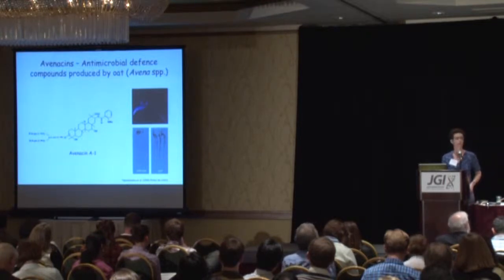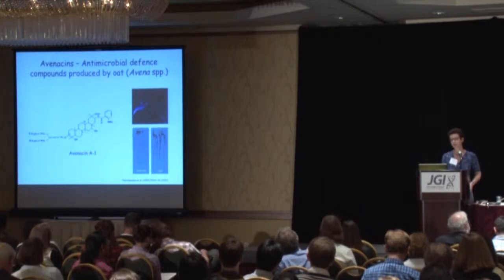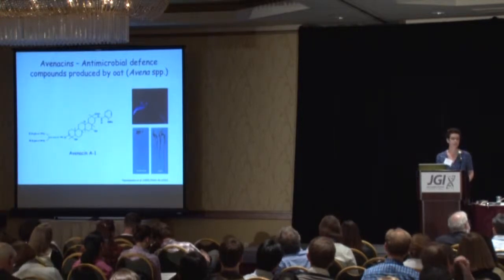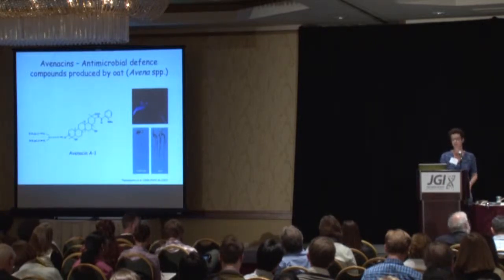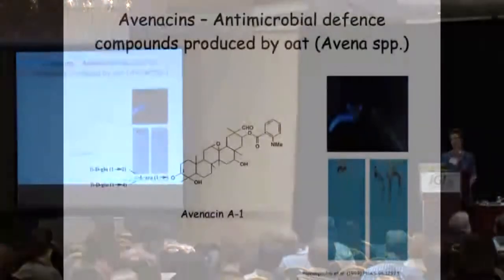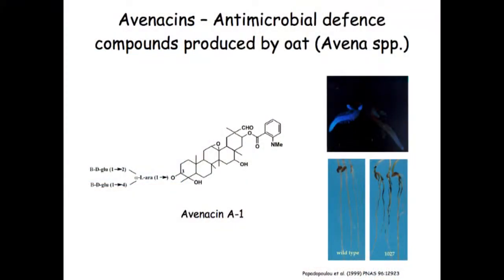And we would have stopped there. Any sensible person would have stopped there because it was diploid oat. It was a hideously complicated triterpene. At the time, very little was known about triterpene biosynthesis in any plant species. I should say this molecule is particular to oat. It's a specialized metabolite that's only produced by the genus Avena. There are many other triterpenes out there, mainly in the dicots.